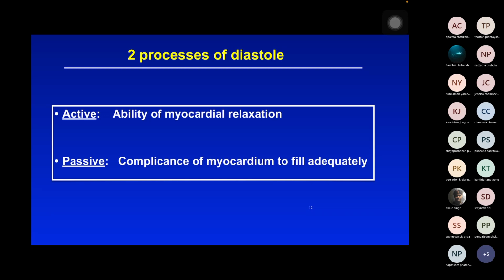And the second one is the pericardium. The pericardium covers the heart. When the pericardium has a problem or disease, this might impact the diastolic function of the heart.